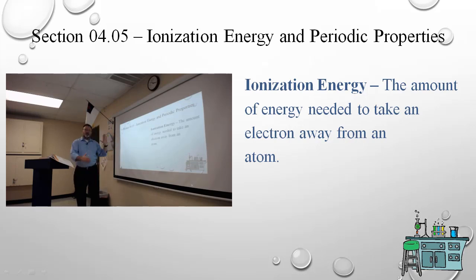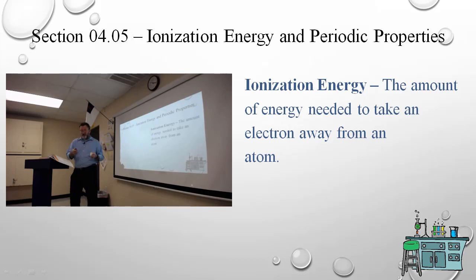So as we think about the periodic table, we would anticipate that this left side of the table, the metal side, would have a relatively low ionization energy because it's not working real hard to hold on to them, which means it doesn't take much to take them away. And on the other side of the periodic table, the nonmetal side, there is a much greater ionization energy, meaning they're holding onto their electrons much more firmly, and so it takes a lot more to take them away.